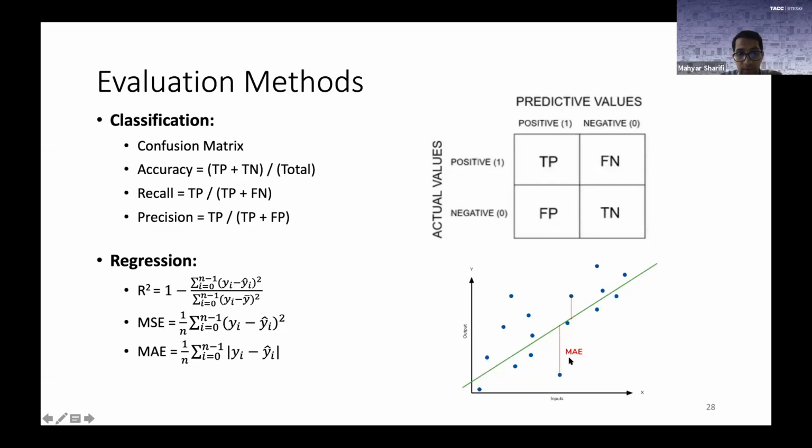For example, assuming that these are the test data and this is our model, mean absolute error is the difference between our predicted value from our model and the actual ground truth value from the test data set. You will take an average of those and see whether your model is working by your standards or not.